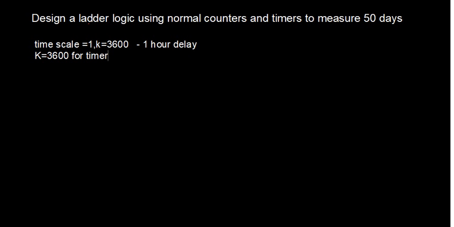That is, for the counter, K value is 24 into 50, that is 1200. This is the only change from your previous diagram. Otherwise all other things look very alike here.